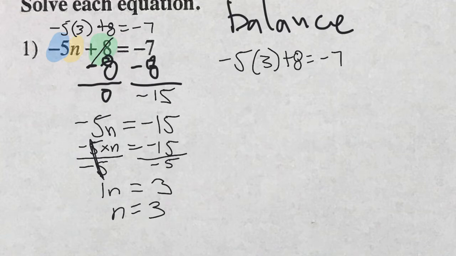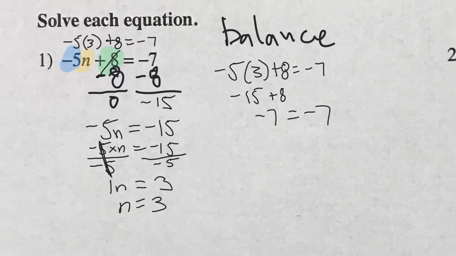Is this true? Well, I'm going to start with multiplication. Negative 5 times 3 is negative 15, plus 8. I'm at negative 15 and I go 8 in the positive direction. That puts me at negative 7. So is negative 7 equal to negative 7? Yes. So there's the first question.